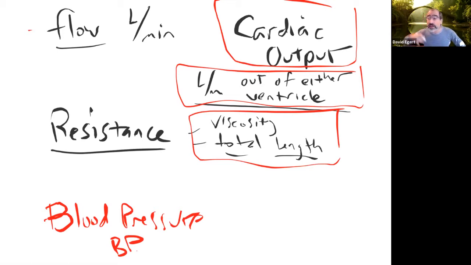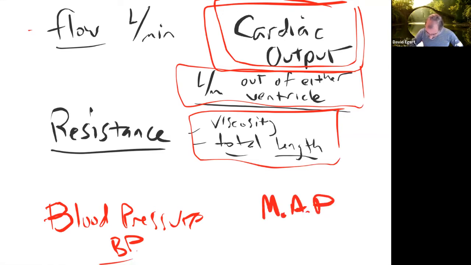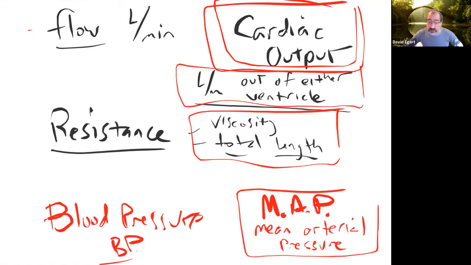When we're talking about the pressure in the whole system, kind of like when we're talking about cardiac output as the flow for the whole system, we'll often be talking about mean arterial pressure, which we will talk about in more detail in a few moments.